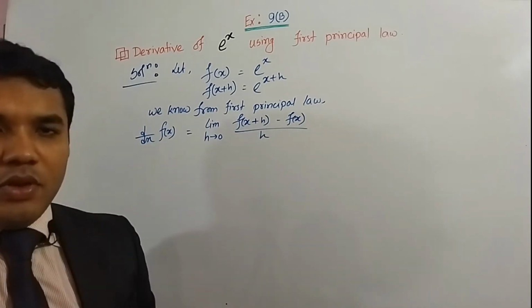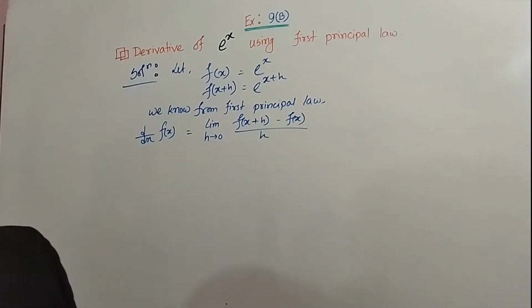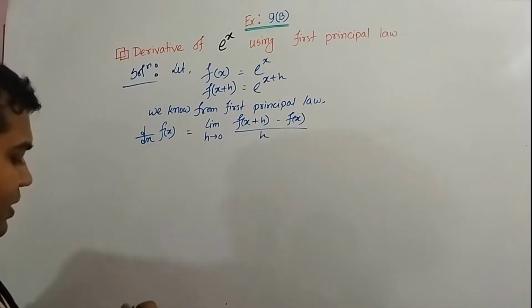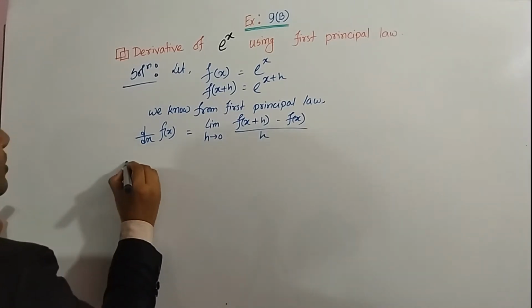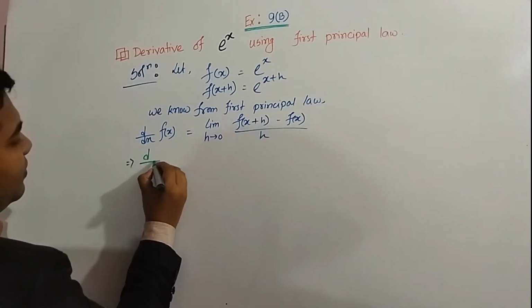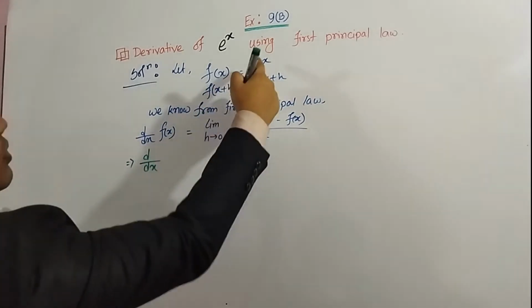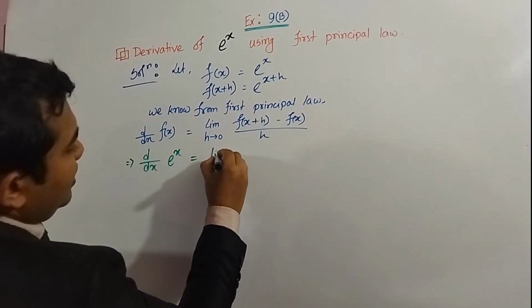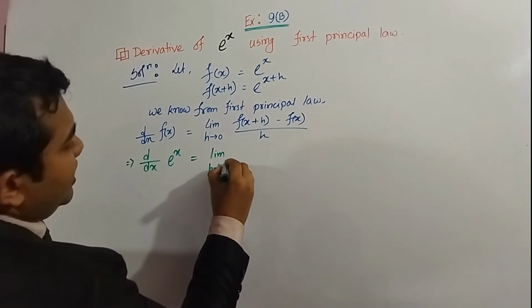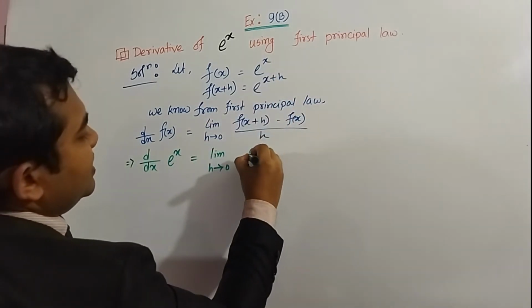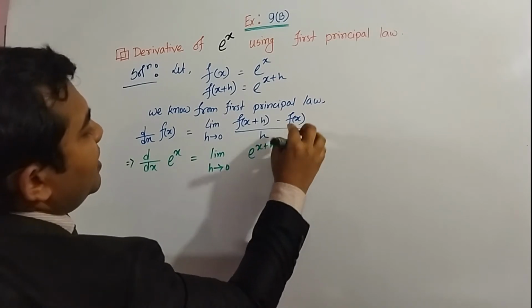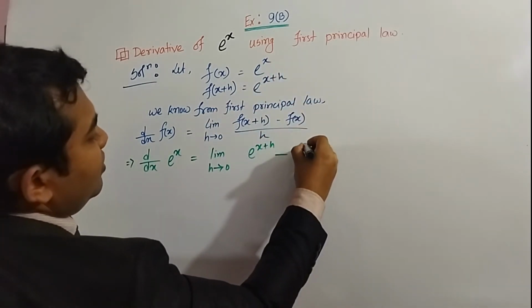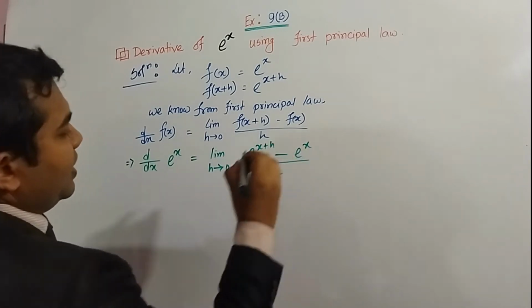Okay, we have known all of this part. Just putting it down. So here d/dx of f of x, equal to e to the power x, is equal to limit h tends to 0, f of x plus h, that is e to the power x plus h, minus f of x, that is e to the power x, divided by h.